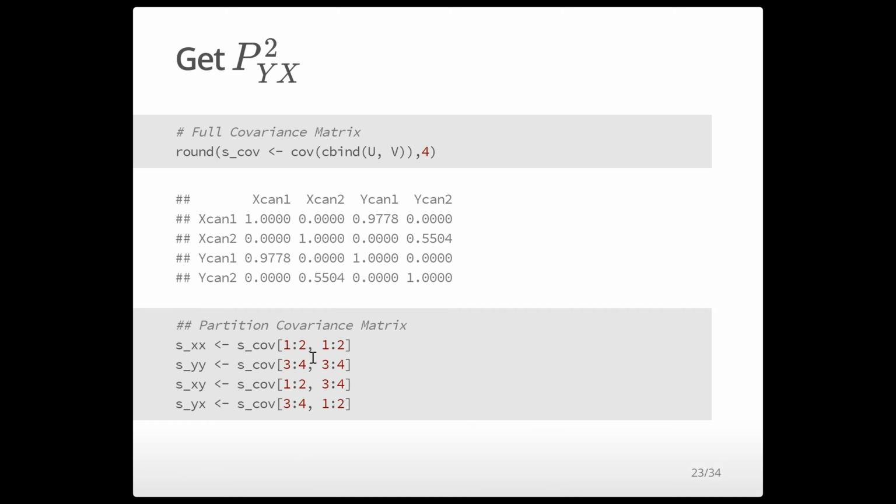So then I'm going to slice up this covariance matrix the way that I showed before. So we're going to get SXX, which is just the covariance for the x's. SYY is the covariance for the y's. SXY is this partition up here, so it's the rows of x and the columns of y. And this is the rows of y and the columns of x, SYX.